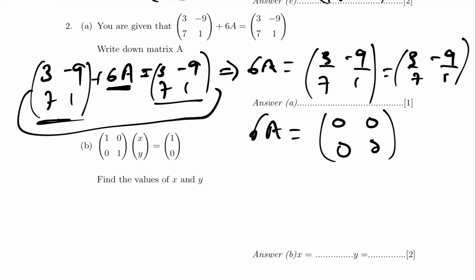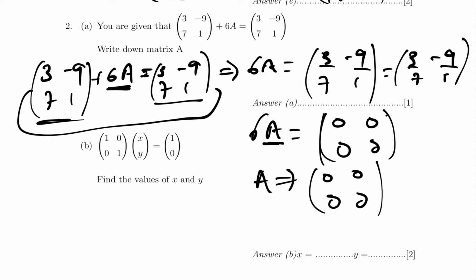So we get that 6a is equal to this zero matrix, which means obviously matrix A is 0 0 0 0, because when you multiply any number by 0, you get 0. So A is 0 0 0 0.